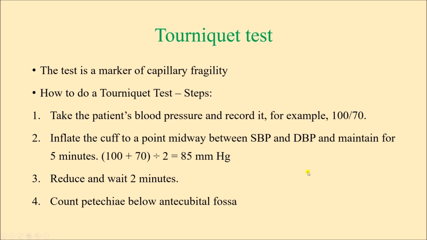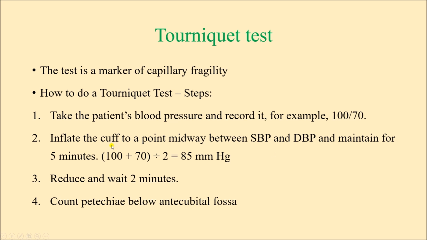Next, we have to inflate the cuff of the blood pressure machine, that is a sphygmomanometer, to a point in between the systolic and diastolic blood pressure. So what is the mean or the midpoint between the systolic and diastolic? 100 plus 70, that is 170, divided by 2, that is 85 millimeter of mercury.